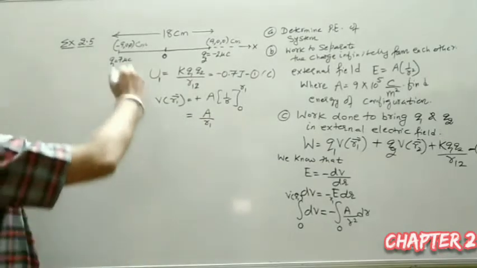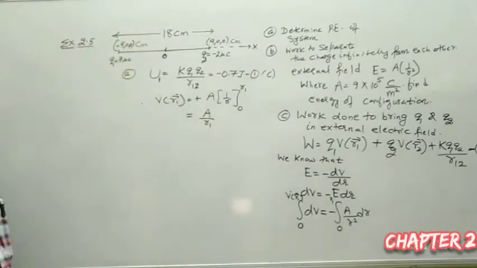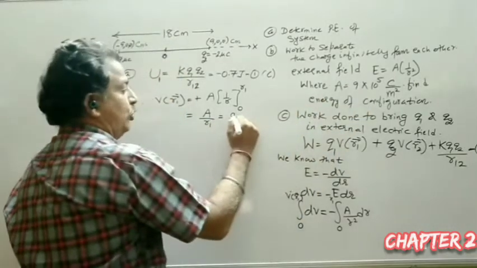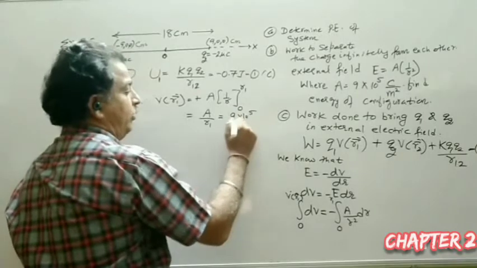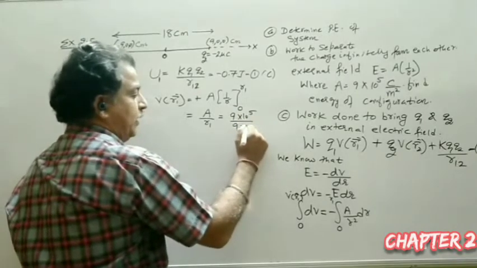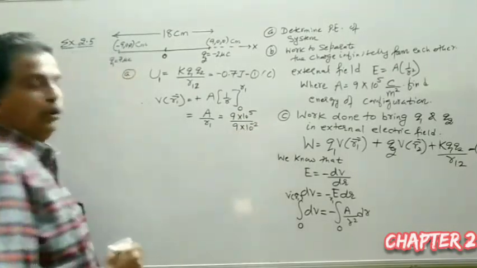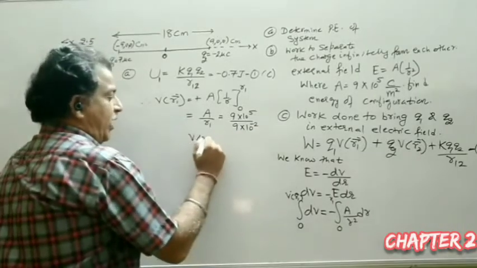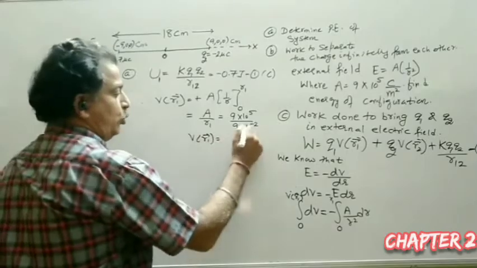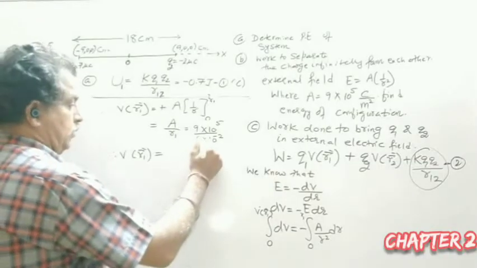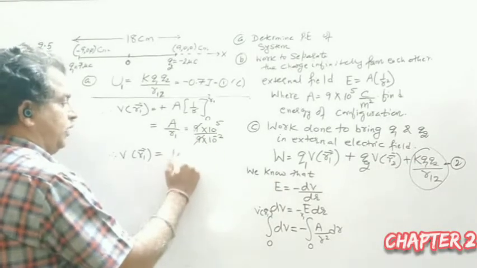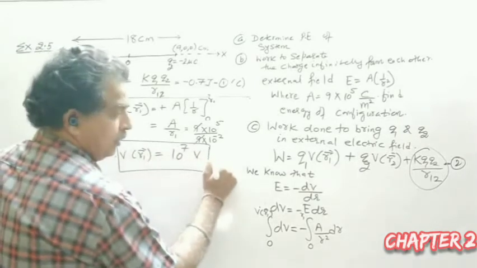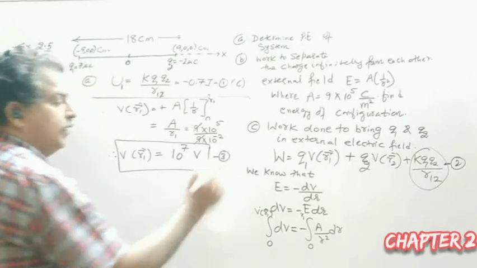Now R1 is 9 centimeter. A value is given, so 9 into 10 raised to 5 divided by 9 centimeter, that is 9 into 10 raised to minus 2 meter. So V of R1 is equal to, 9 cancels, so it becomes 10 raised to 7 volt. This is our equation number 3.